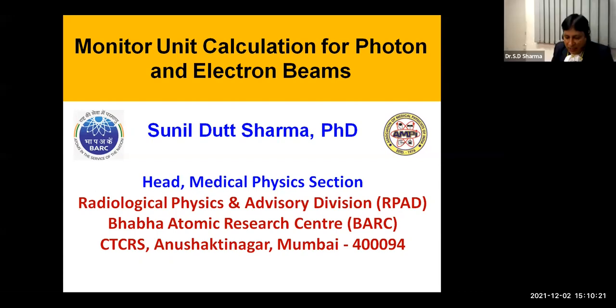As Dr. Lam has told, today's topic of discussion is monitor unit calculation for photon and electron beams. In fact, you can say it is a basic as well as advanced topic, because we need to do monitor unit calculation for various reasons.